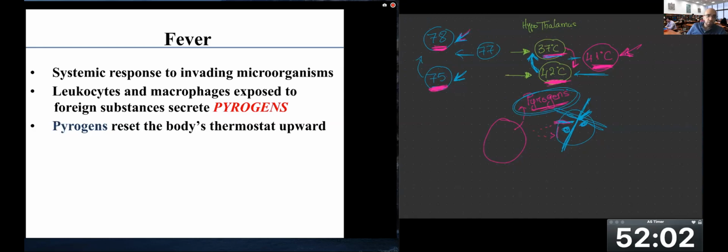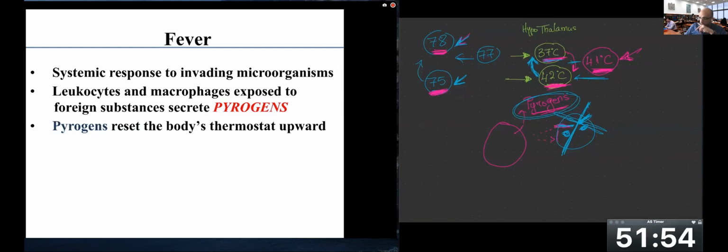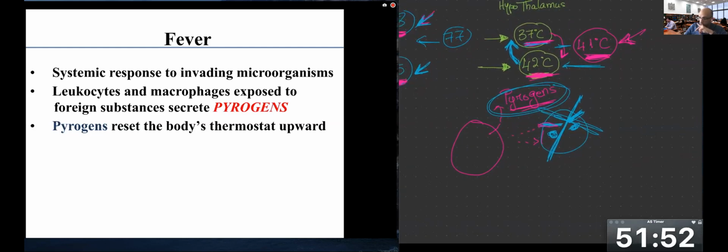All right, so why when you have fever, do you feel cold? You feel cold simply because you didn't reach the 42. So you don't get a feeling yet that it's too high.